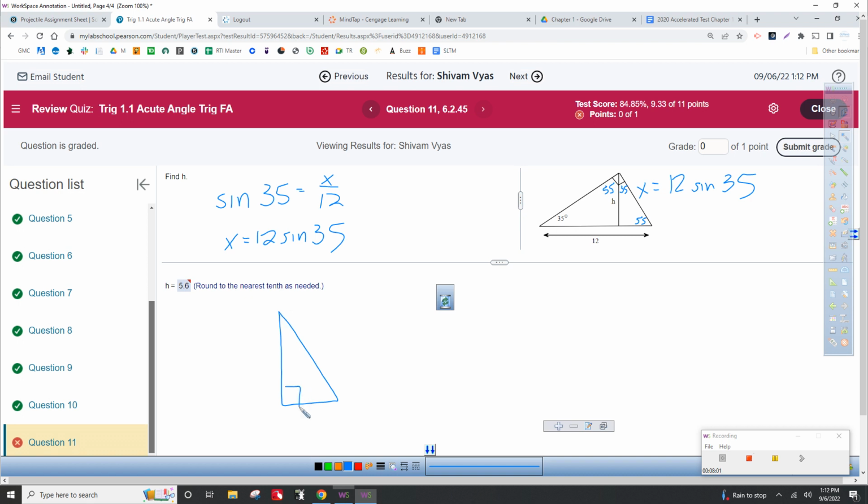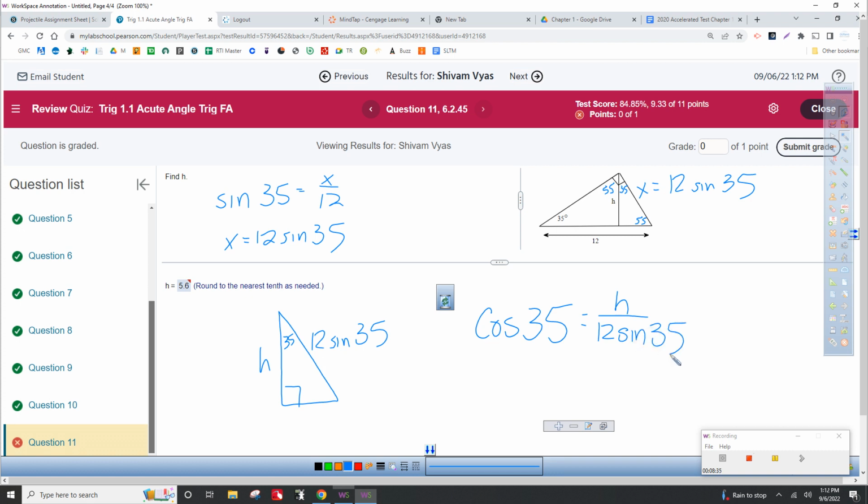So look, you've got 35 here, you've got a 12 sine of 35 here, and you've got your h over here. So which one's adjacent and hypotenuse? This is adjacent. So that's going to be cosine, right? So cosine of 35 is h over 12 sine 35. I don't know what I did wrong on the last one, but I definitely made a mistake.